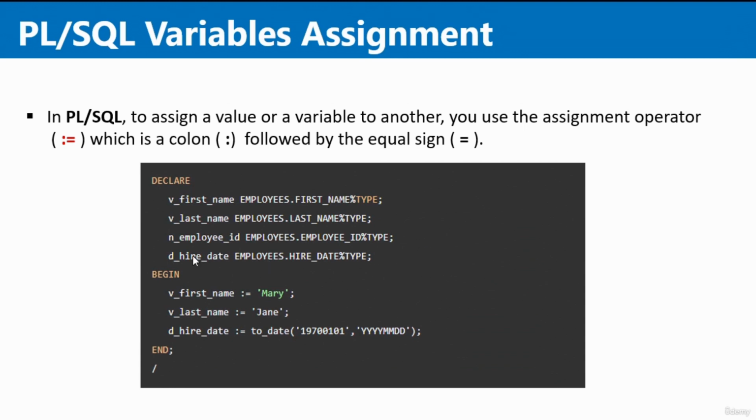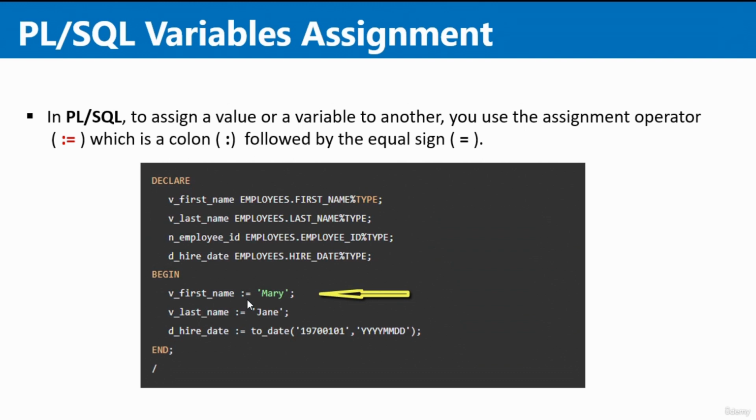In the begin part of the code block is where we actually assign the values. For example, this variable called v_first_name, I'm using the assignment operator for variables, which is the colon and then the equals to.